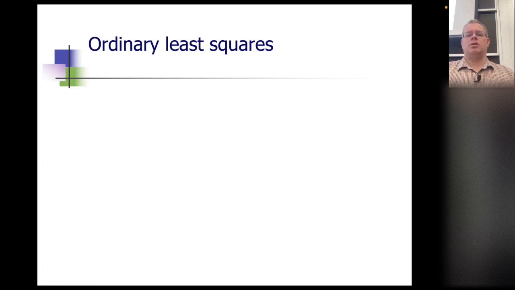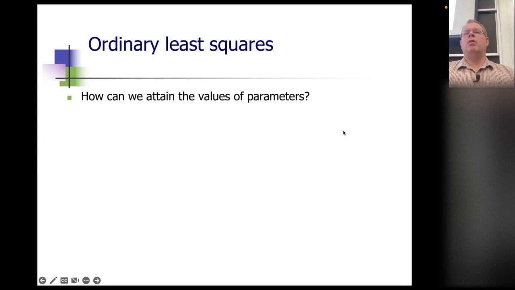That's a core question. Well, there's a number of ways, but the most frequent method in the case of linear models is called ordinary least squares. So how does that work? You may recall the slide in which I showed those vertical lines, which I said should be as short as possible, because those are the residuals, the distances between the true value of the dependent variable and what your model says.